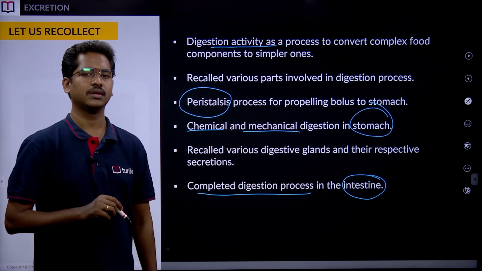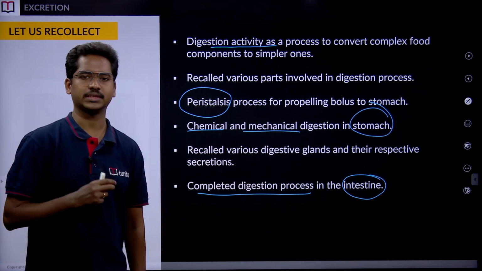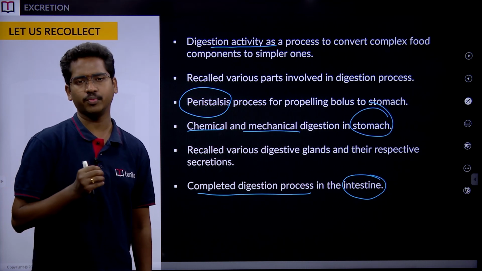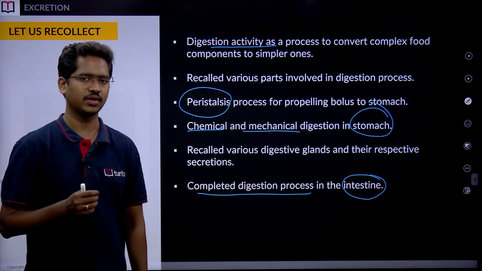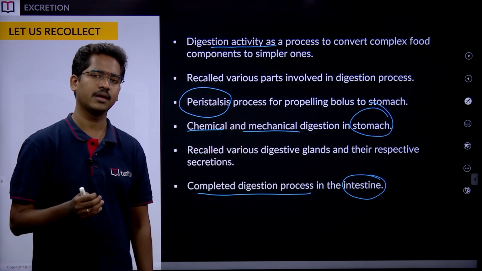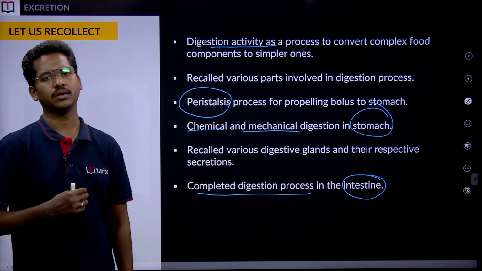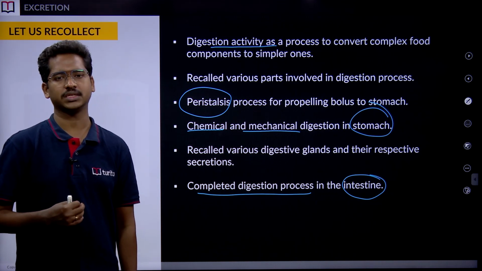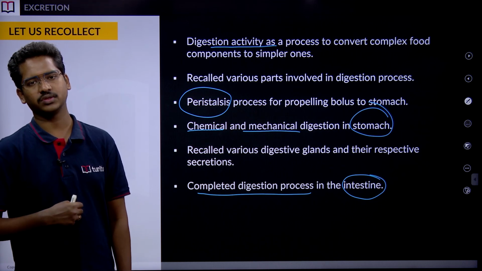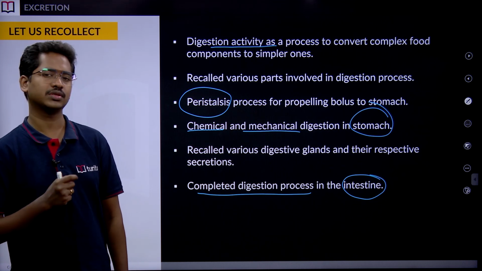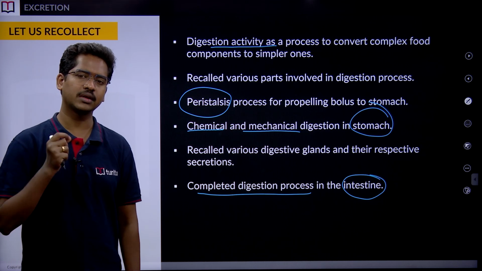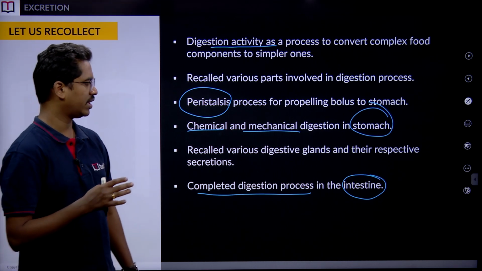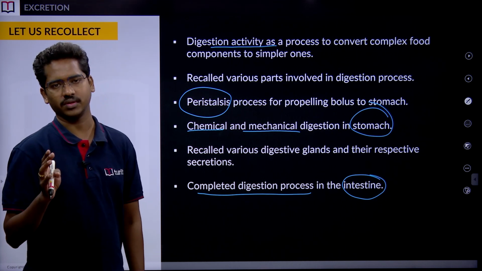The first part is the duodenum, where the complete digestion happens, followed by the jejunum, which is moderately coiled, and then the ileum, which is the longest part of the small intestine and has finger-like projections on its internal lining so that it can absorb the digested nutrients. That is what we did in the previous session.